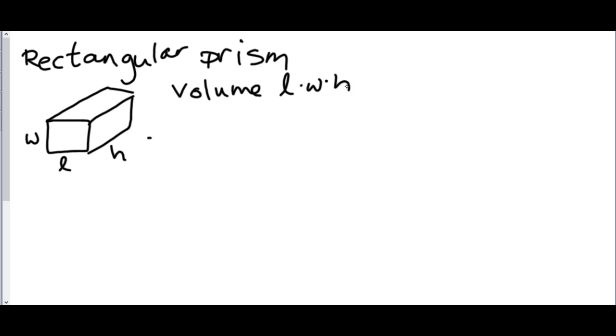Surface area is how much cardboard would you need to make the box itself? How much would you need on the outside pieces of the box?